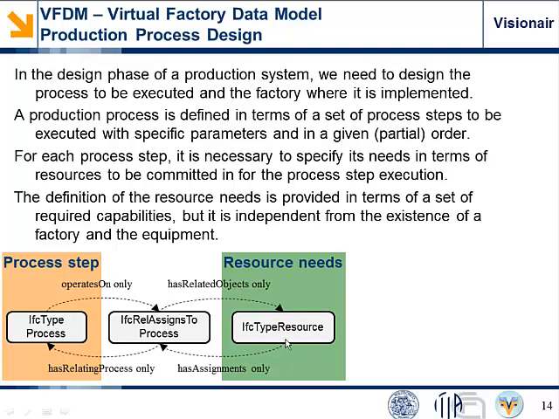Notice that this EFC type resource does not specify a particular class of machines. So I'm not saying that this is the type of a specific milling machine. On the contrary, I am classifying this resource in terms of the capability it has.